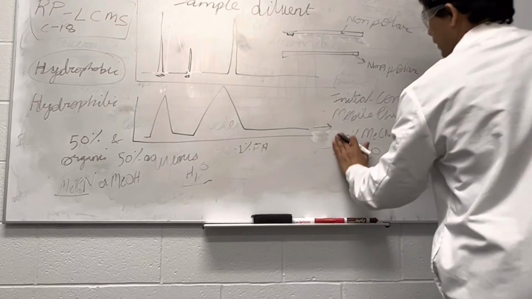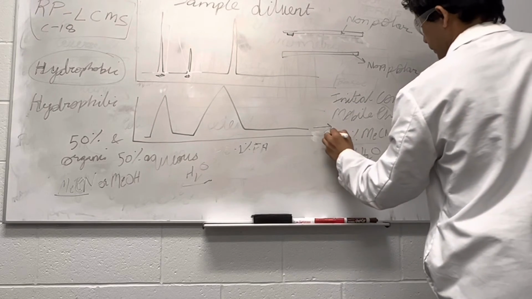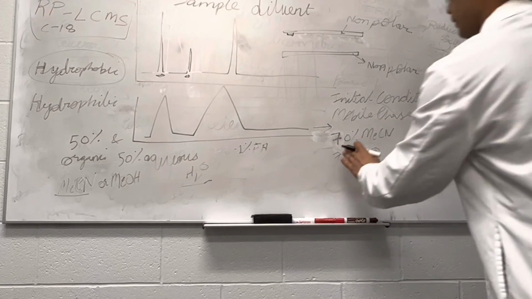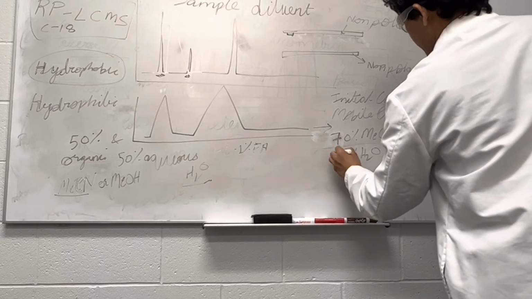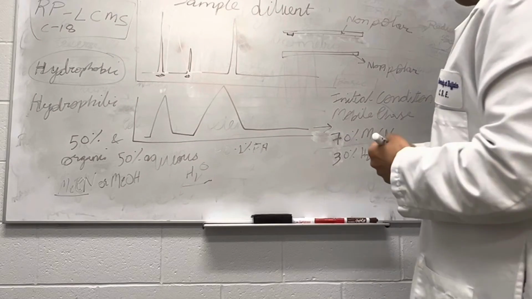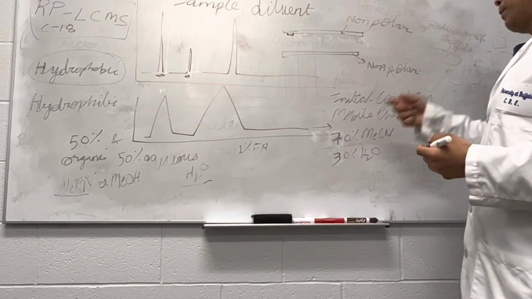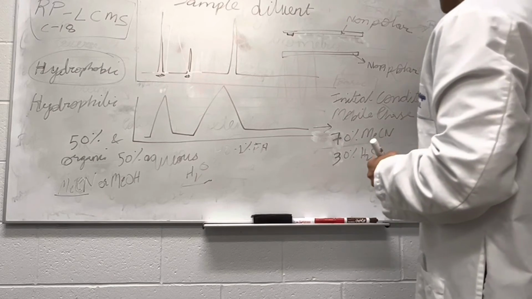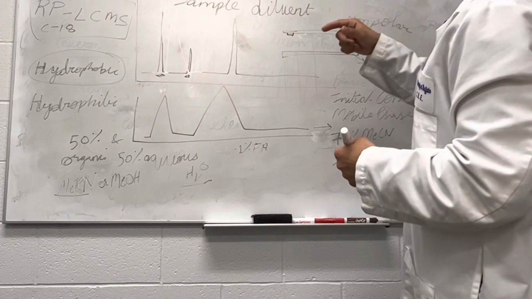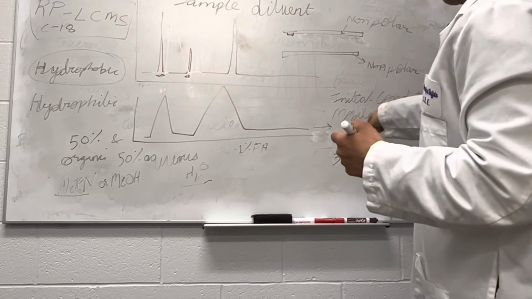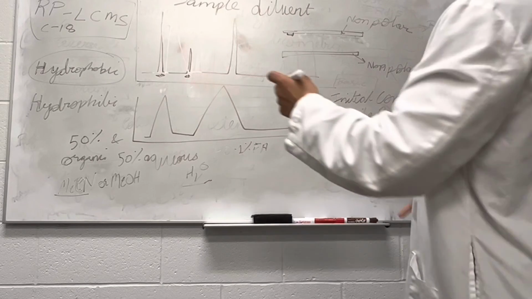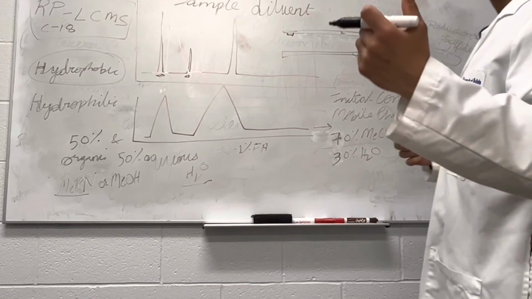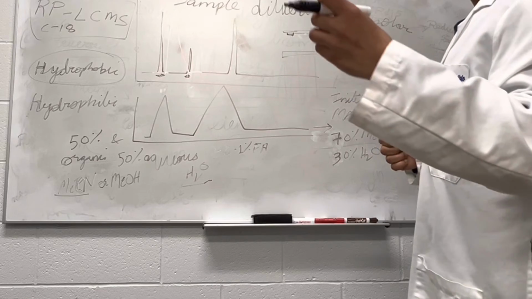If the concentration is higher, suppose 70% acetonitrile, with the rest, 30%, being water, then since the volume of the mobile phase is higher than the volume of sample diluent, it will be easier to make a homogeneous mixture, whereas in case 1 it is difficult.